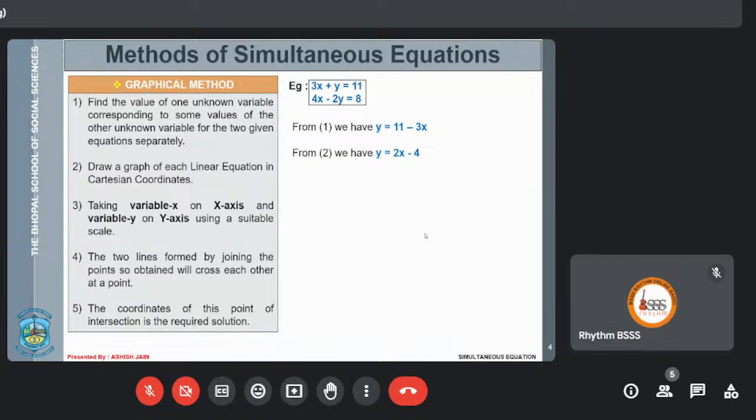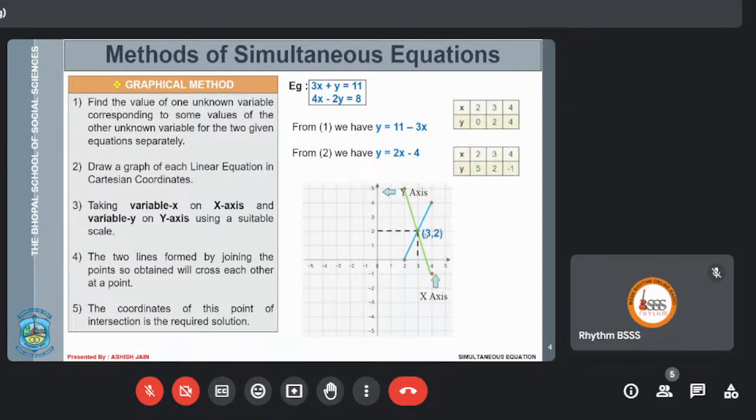So we found the value of y. From first equation, the value of y is 11 minus 3x. From second equation, the value of y is 2x minus 4. If you solve it, you will get the value as 2x minus 4. What you do, you take different values of x and find different values of y for equation 1.